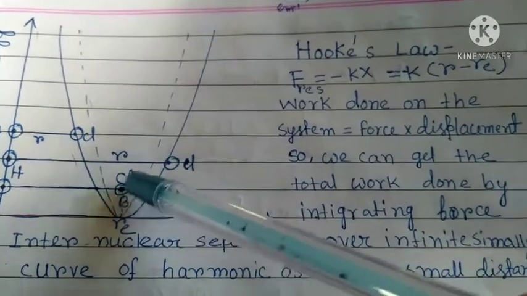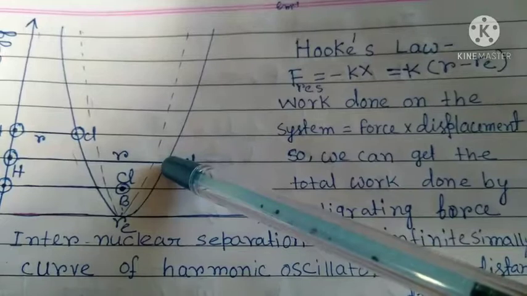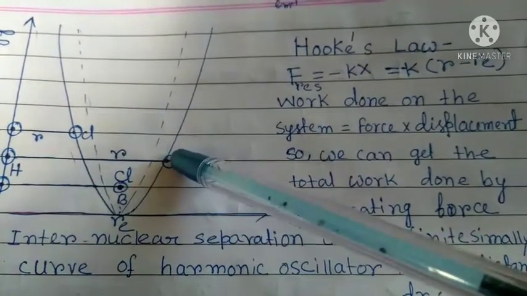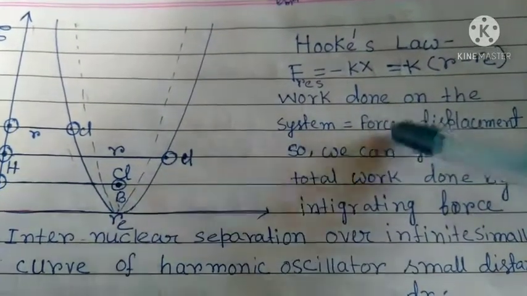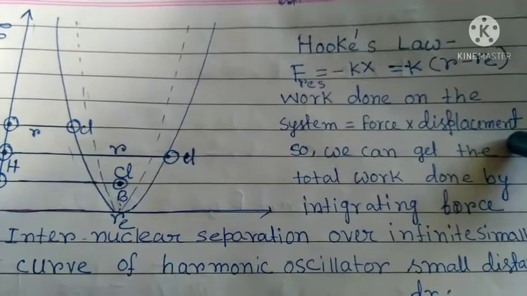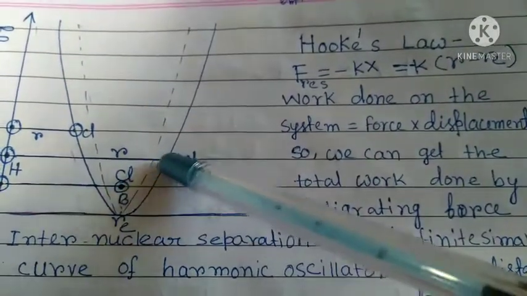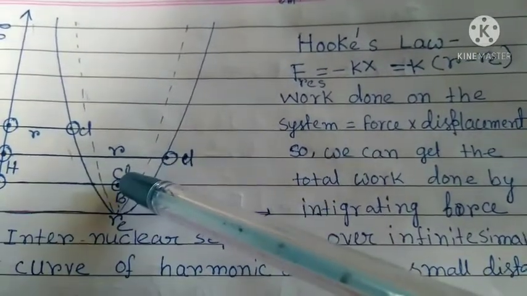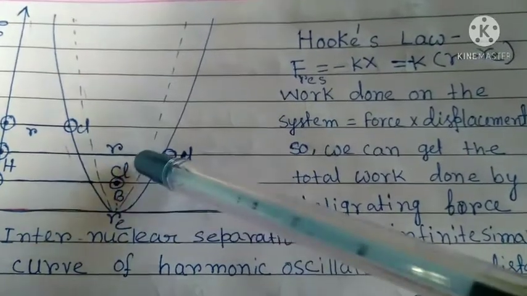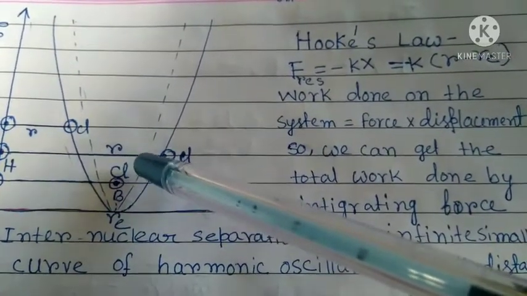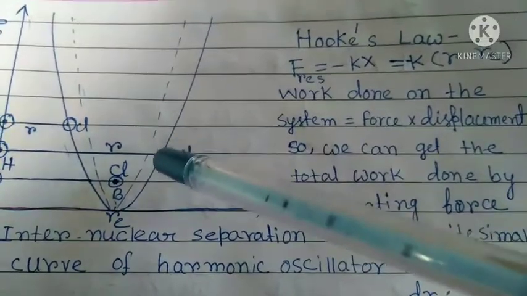So some work is done on the system, and that work done will be force into displacement. We can get this work done by integrating the force over an infinitesimally small distance.